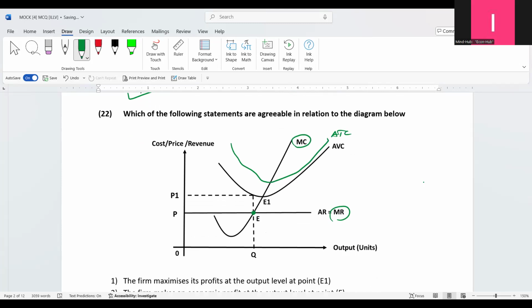So this is the price or the average revenue, and you have to go much further up to find ATC. So they are making a massive loss at E.